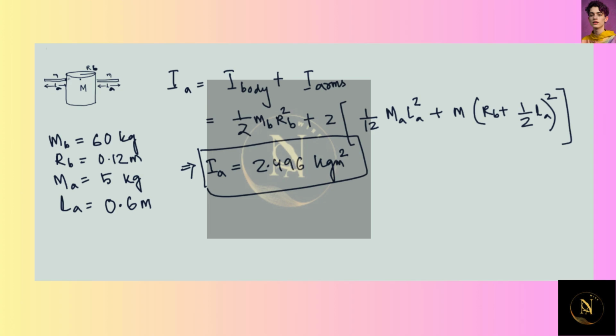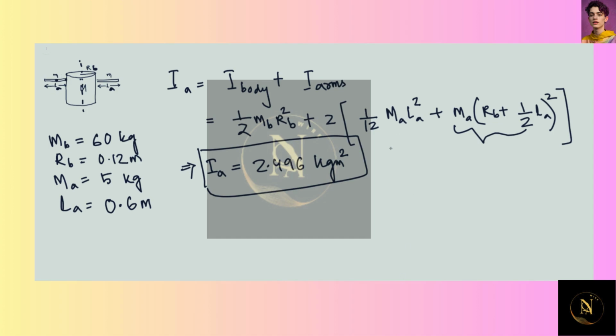By the parallel axis theorem, since we want the moment of inertia about this axis, we have to consider this extra moment of inertia. So we consider this as a point mass and take the moment of inertia of this point around here, and this is what that term is. So we multiply the mass of the arm times the radius, basically this length, which is RB plus half of LA, squared.